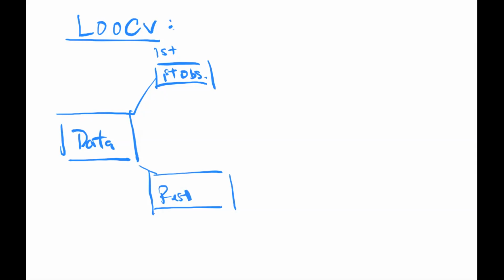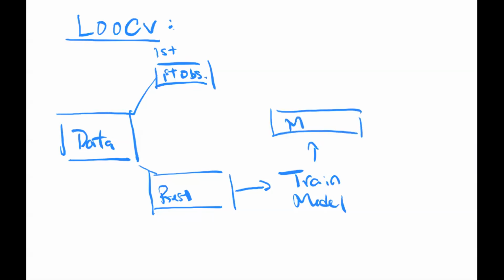So what we're trying to do in this first resampling is that we are going to use the majority of the data to train the model. And it will come up with a model fit. All right, so we have a model here. And we're going to pass this first observation into the model and try to make a prediction.